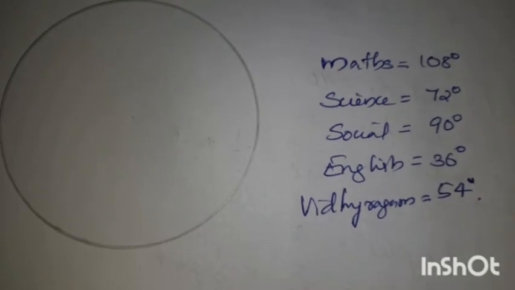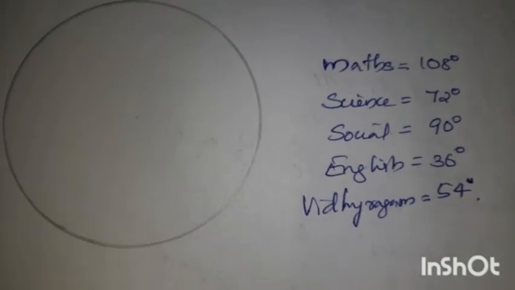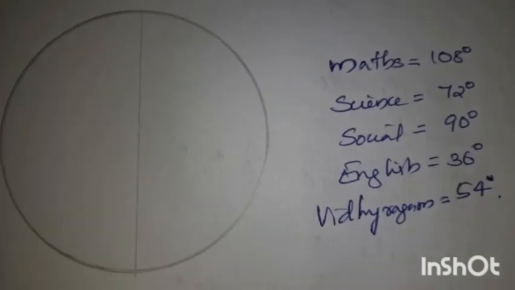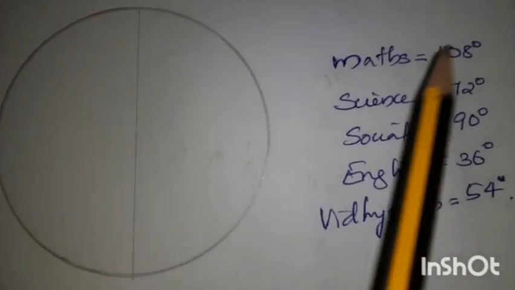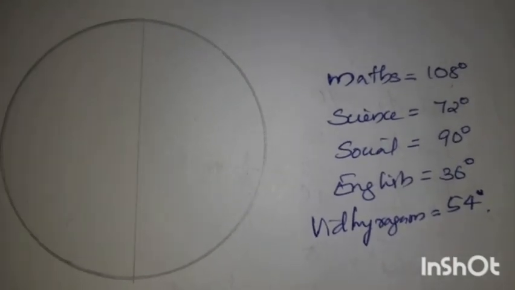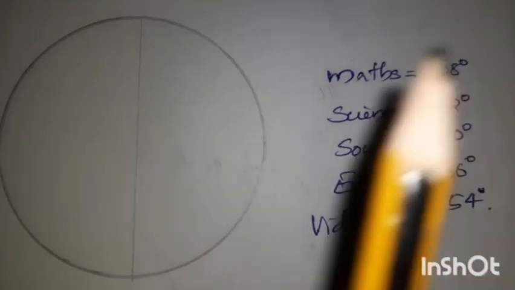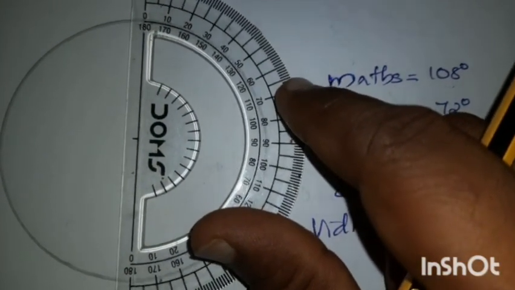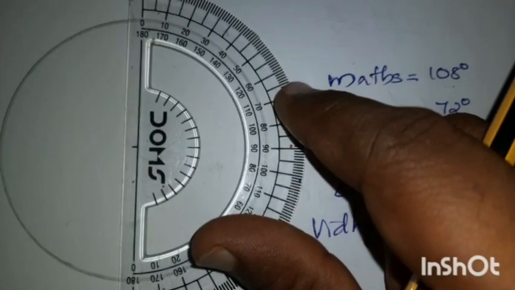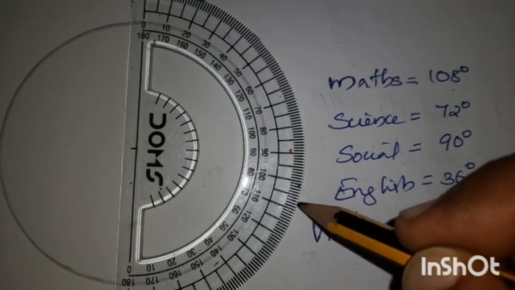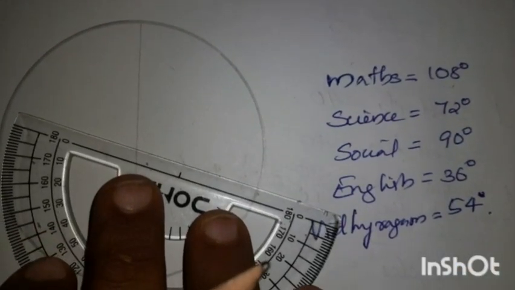Before starting, for easy drawing, we can divide this circle into 2. First you have to mark 108 degrees in this. The total angle of this half is 180 degrees. Out of that, 108 is given for the Maths club. So keep the protractor, mark 108 and draw the line.